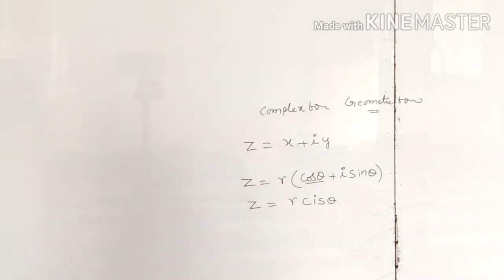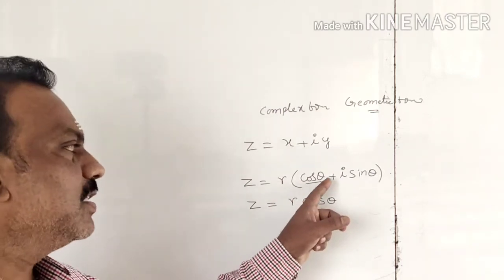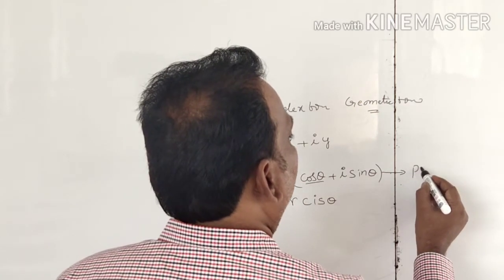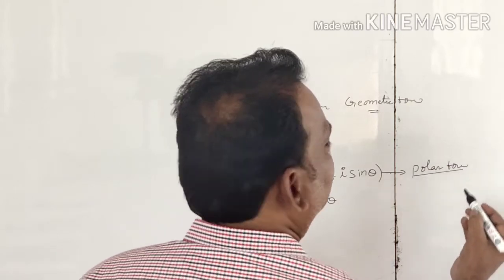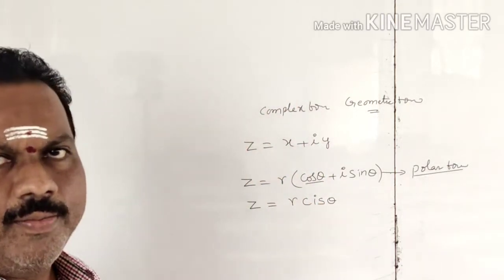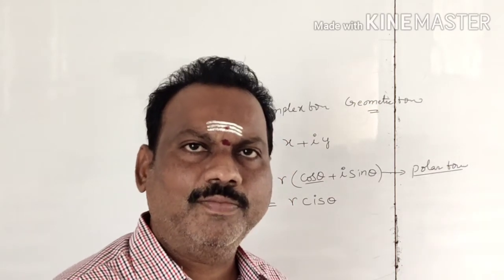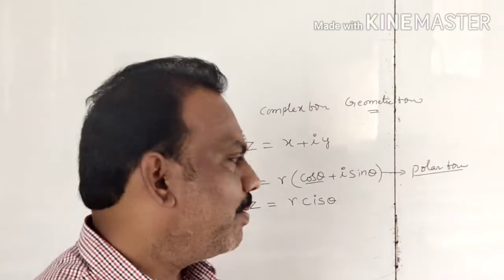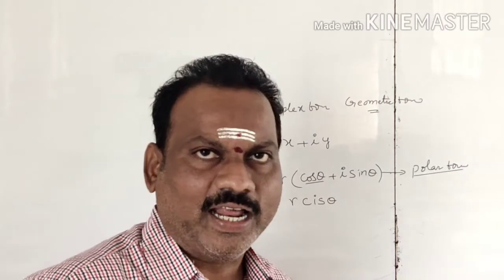So z is equal to r of cos theta plus i sin theta is always called the polar form, and it has other names: trigonometric form, or modulus and argument form. You have to remember z is equal to r into cos theta plus i sin theta.